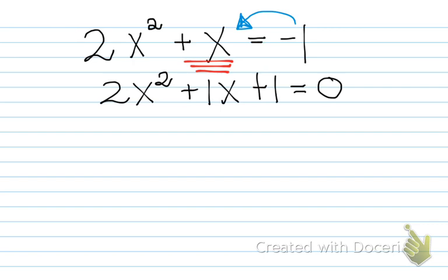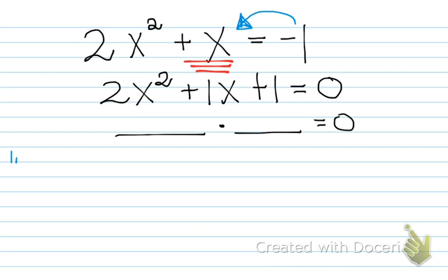Now we draw two blanks, equals 0. And we come over to the side and we try to find two numbers that will multiply to be the three numbers up above.